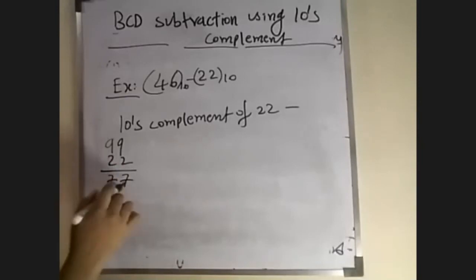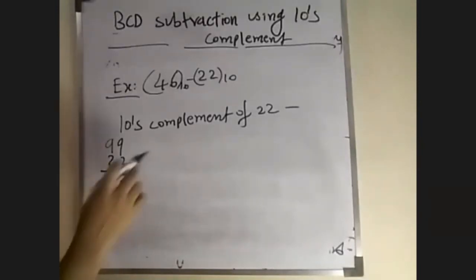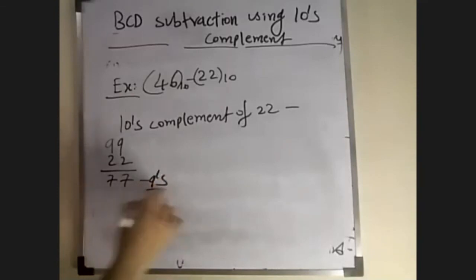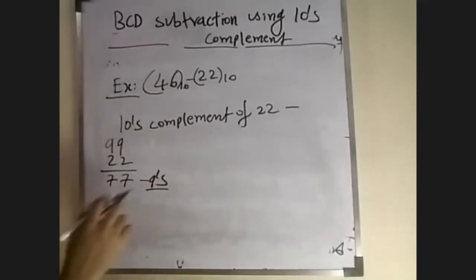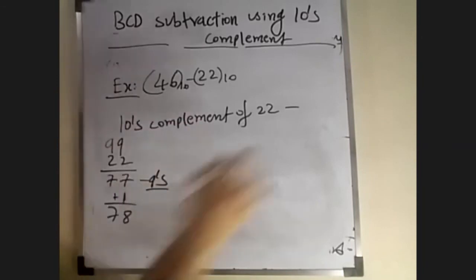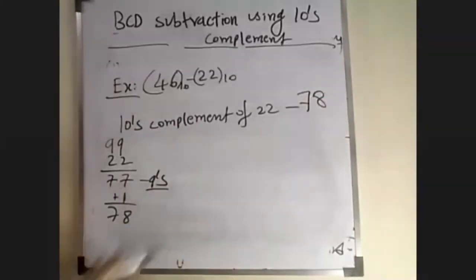This is the nines complement. Tens complement means you add the nines complement plus 1, so 78. So 78 is the tens complement of 22.